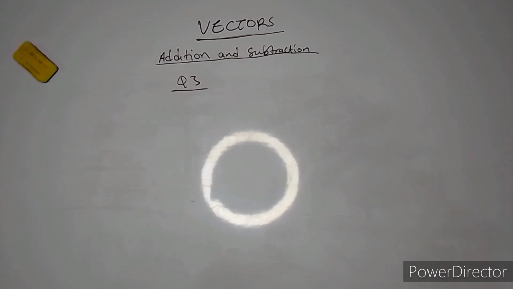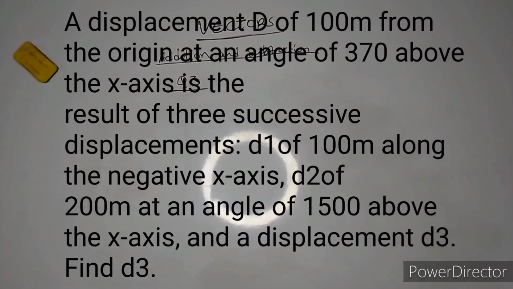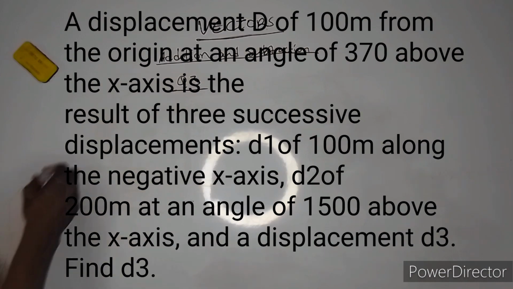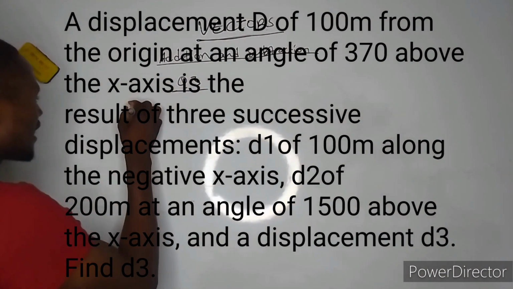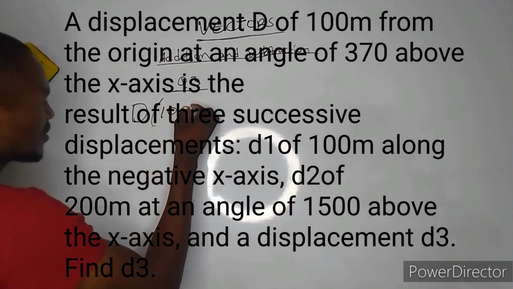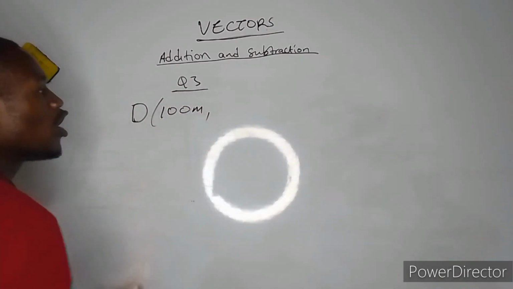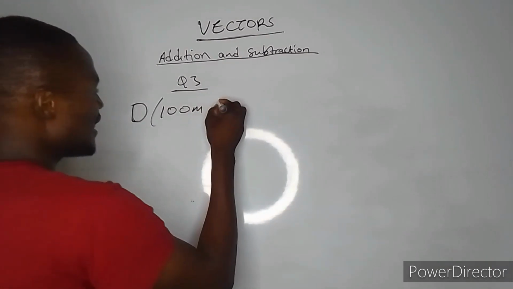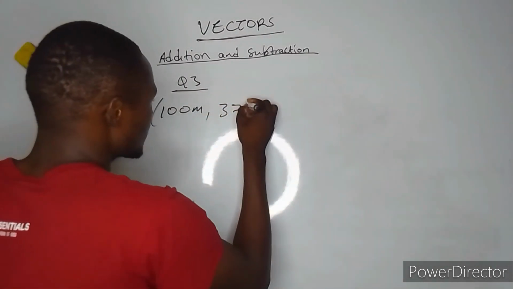A displacement d of 100 meters from the origin at an angle of 37 degrees above the x-axis. So they are saying d, which is 100 meters, this is the magnitude, comma, 37 degrees above x-axis.